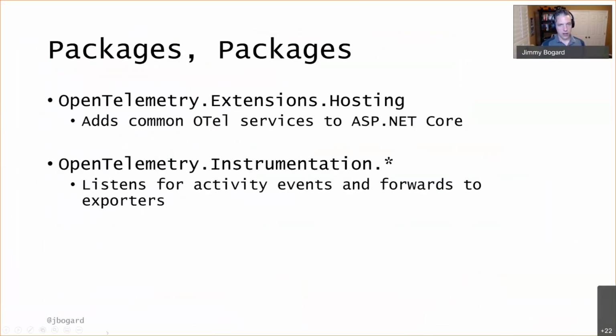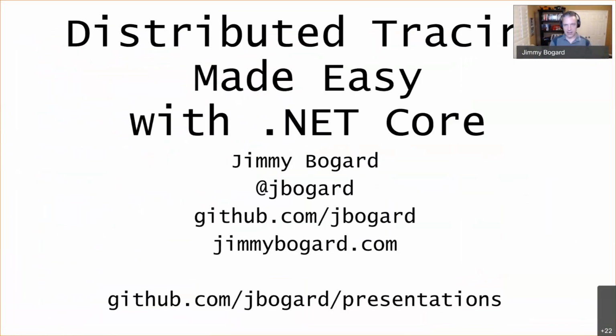So that was distributed tracing made easy with .NET Core. When we're looking at .NET 5, the only thing we need to update is to remove setting the default activity ID format to W3C because it's done by default. Otherwise, it works exactly out of the box. Now, the other cool thing is that the activity API is not actually tied to .NET Core.